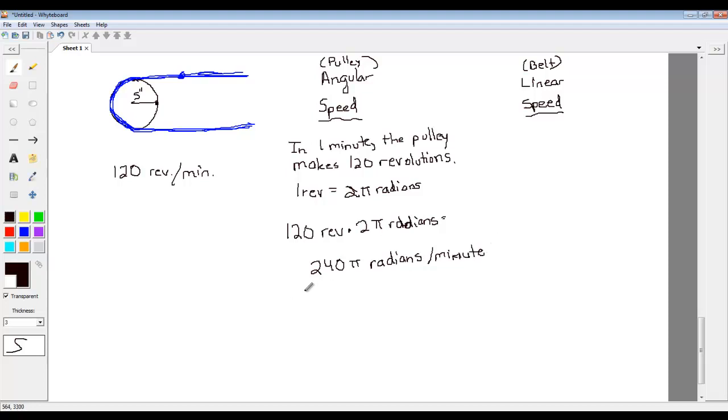Now there's 60 seconds in 1 minute, and we'll use that to help us figure out radians per second. So we take 240 pi radians per minute and multiply by 1 minute over 60 seconds. Minutes will cancel, and you end up with 4 pi radians per second.